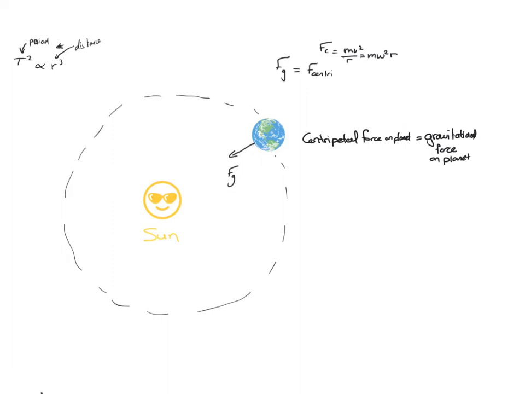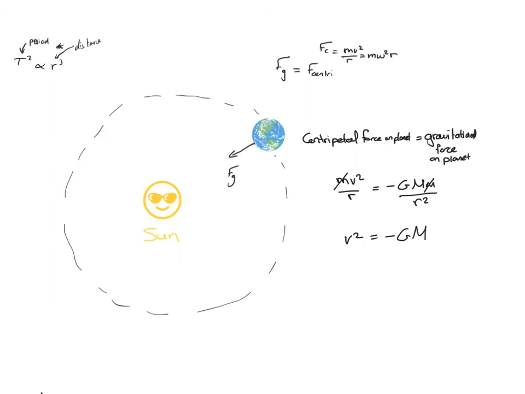And we know that mv squared over r is equal to minus GMm over r squared. We can simplify here, so the m and m can go, so we have v squared is equal to minus GM.